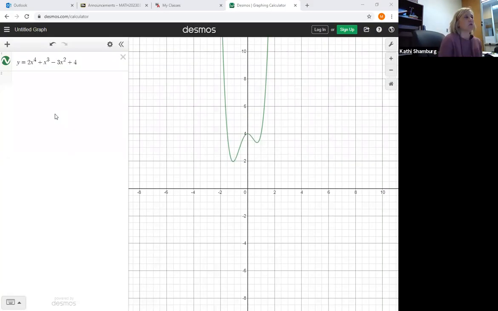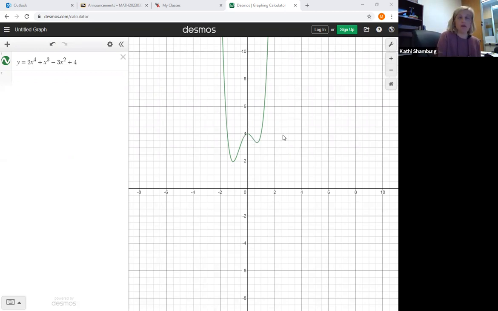Now, here I have this function already entered, and we can see this graph right here. And if we were talking about relative minimum and maximums, here would be a relative minimum, relative minimum, relative maximum. Now, if we were talking about absolute, well, the very absolute least would be right here. So this relative minimum would also be your absolute minimum, but the absolute maximum, it doesn't necessarily have to be here.